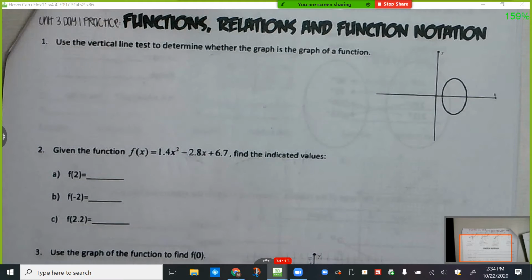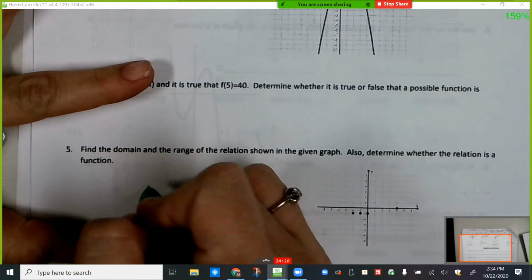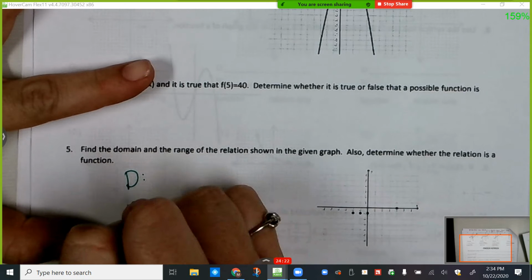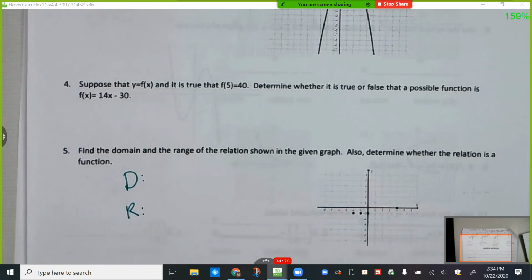Okay, I do want y'all to look at number 5 really fast. It says find the domain and range of the 4 dots. Okay, I'm going to help you with range. Domain is going to be the same as we did at the beginning of our practice, but remember how I said you cannot repeat numbers? So look at your height.